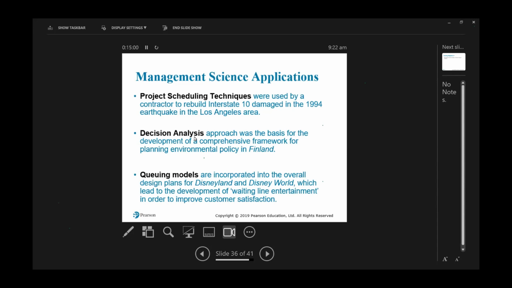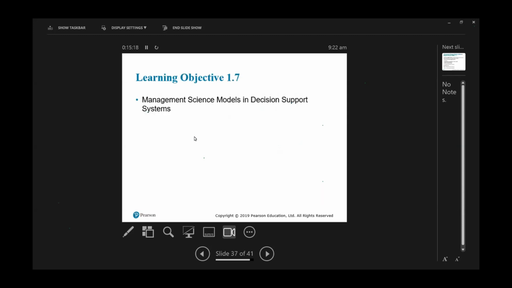Queuing models are used by Disney and Disney World so that they can schedule the waiting time line entertainment and give their clients the best satisfaction when it comes to movies, okay? And so on and so forth.